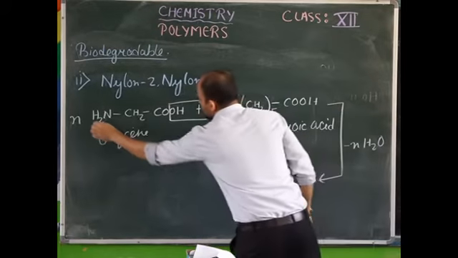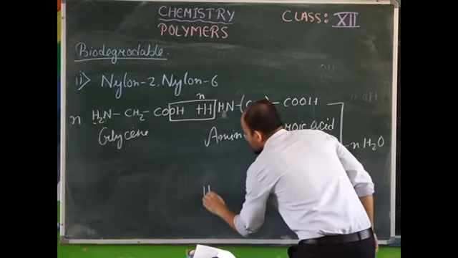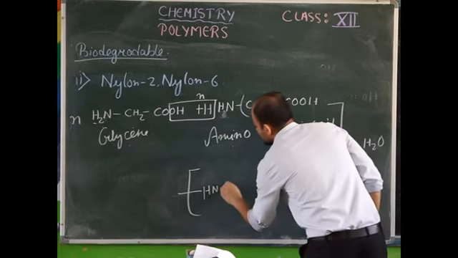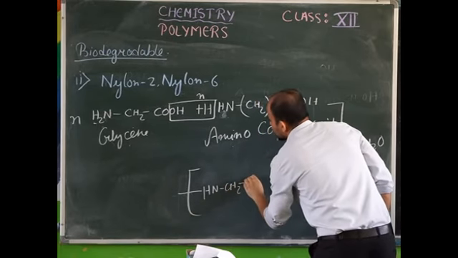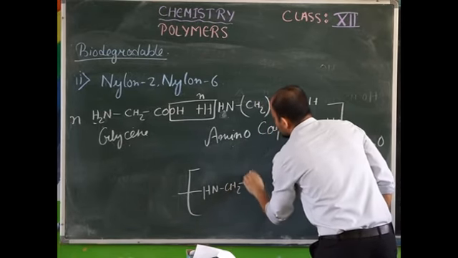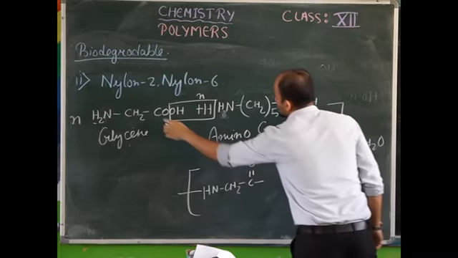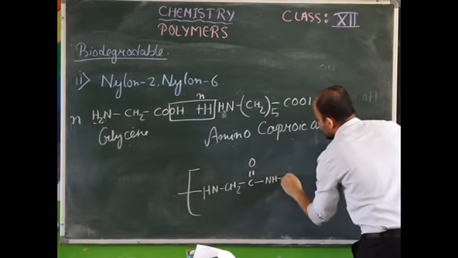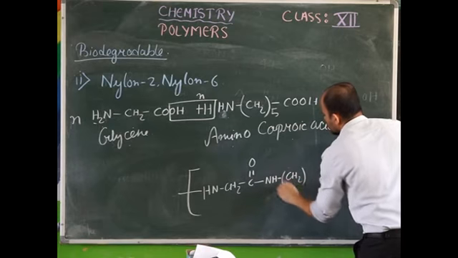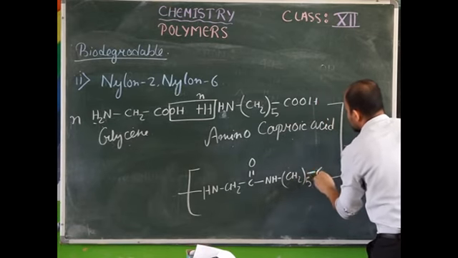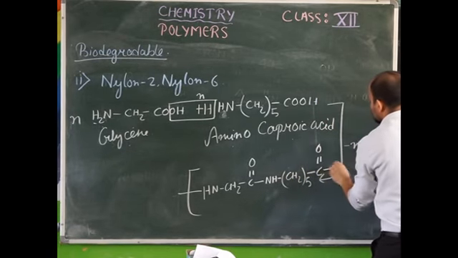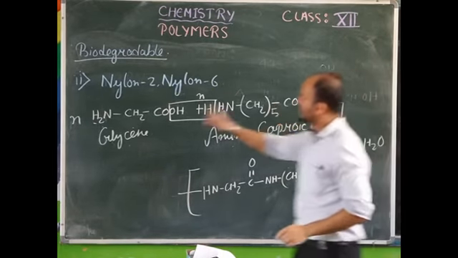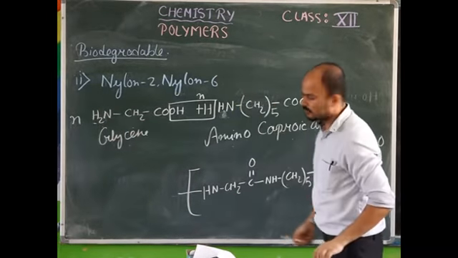Here, hydrogen will be eliminated. So H, N, CH2, C double bond O. Now this C double bond O will be bonded with NH. Then we have CH2 whole 5, and here again we have C double bond O whole N. This OH and this H will be eliminated as a water molecule.